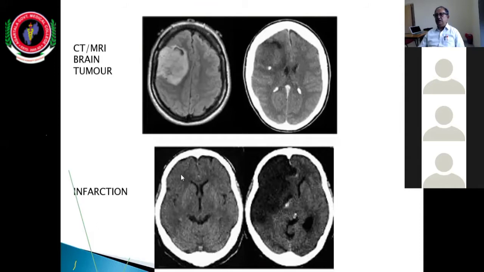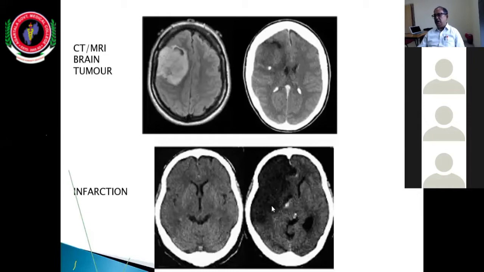This is the CT scan of the brain showing a hypodense, ill-defined area at the frontotemporal region, which is obviously seen after a few days when we do the scan of the same patient.